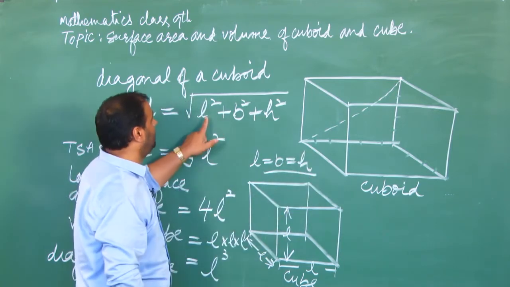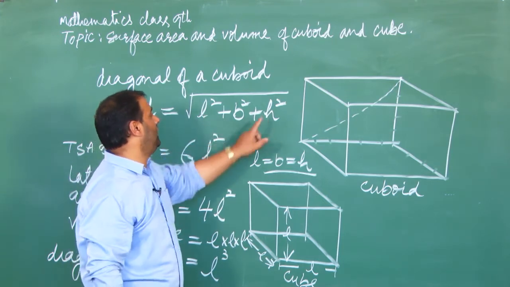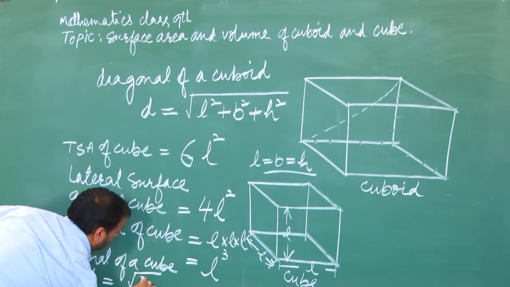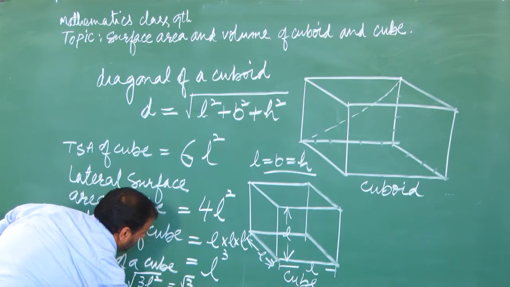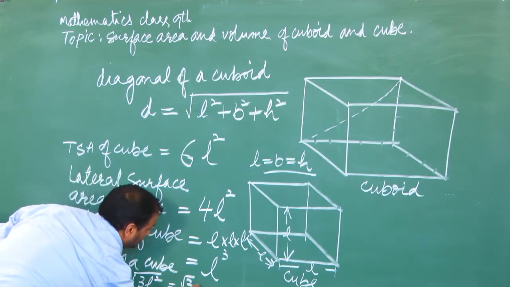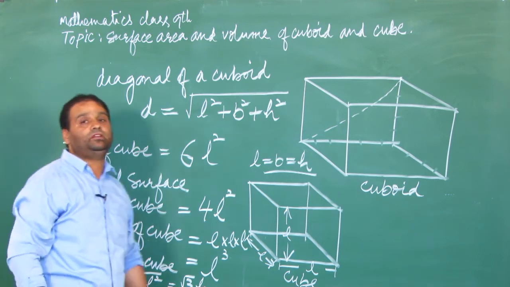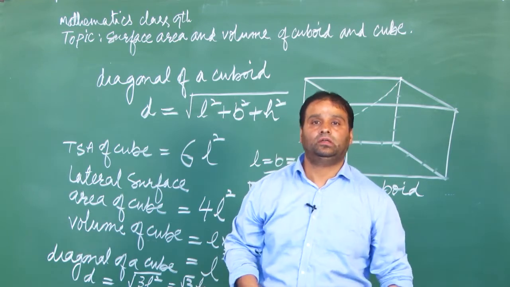Understand this, the diagonal of cuboid can be replaced with 3 L's and it becomes root of 3L square. Root 3 as it is, and square of root for L will be cancelled. So the length of the diagonal of a cube is equal to square root of 3 into L. L is the edge of the cube.